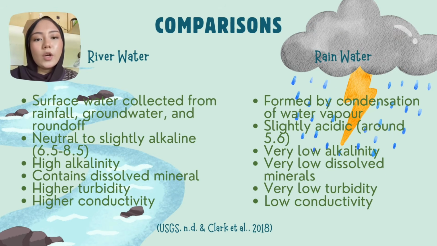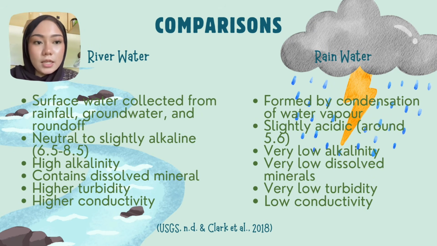Next, I will explain the comparison between river water and rainwater. River water is collected from rainfall, groundwater, and surface runoff. It is usually neutral to slightly alkaline with a pH between 6.5 and 8.5. Because it contains more dissolved minerals, river water has higher alkalinity, turbidity, and conductivity. In contrast, rainwater is formed by the condensation of water vapor.